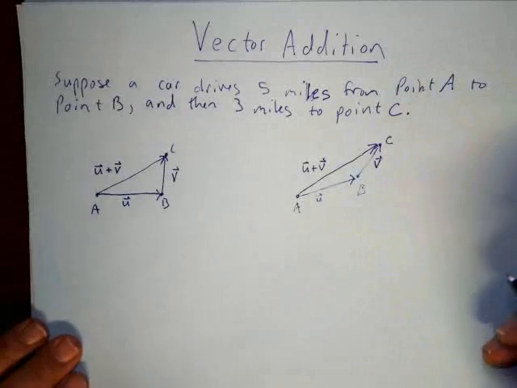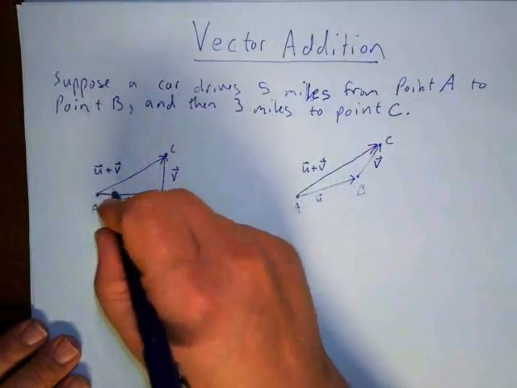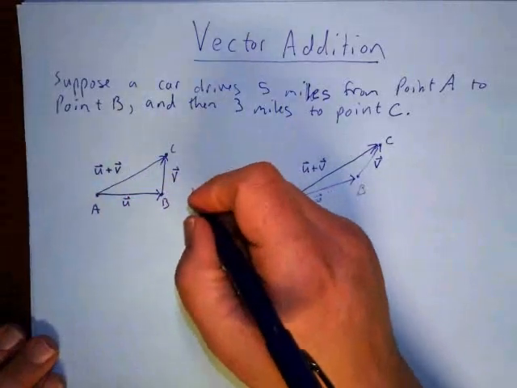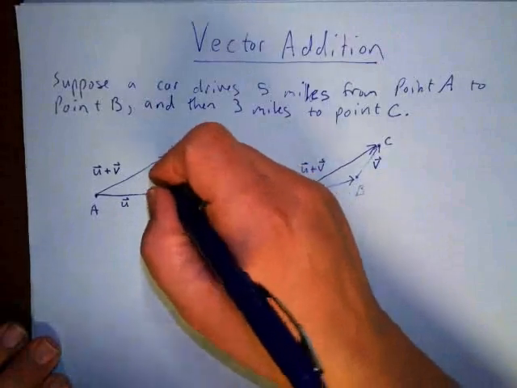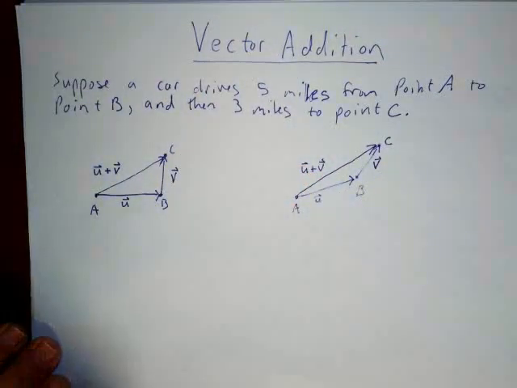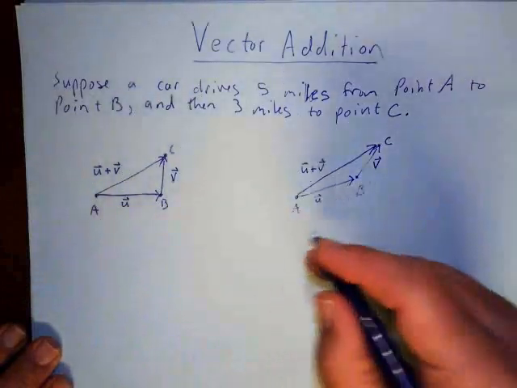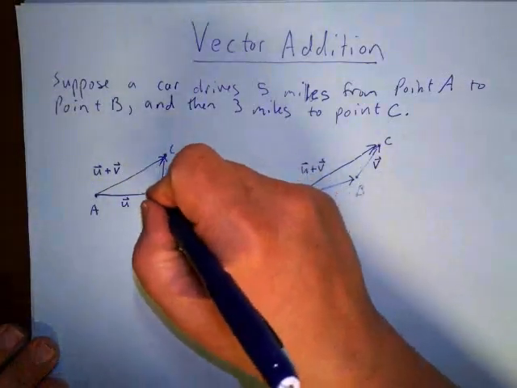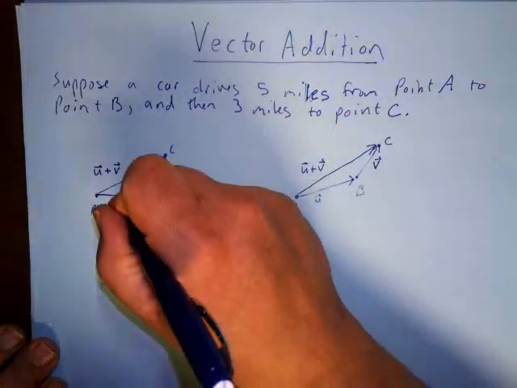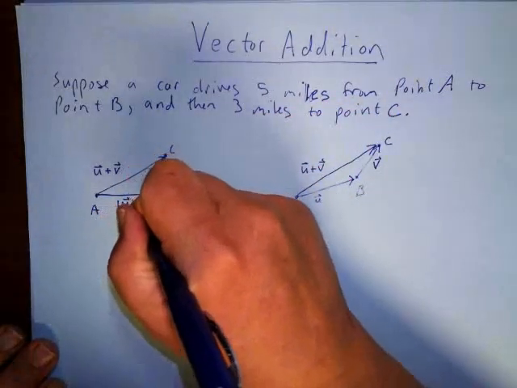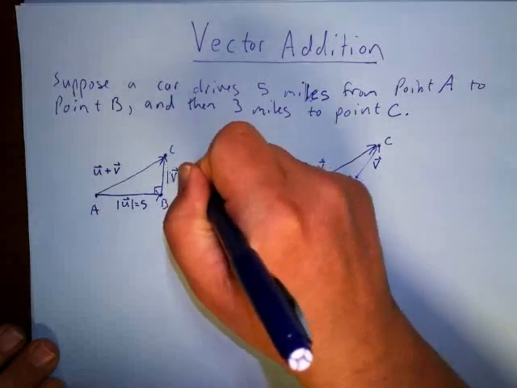So what we do here, we can do in general over here. Now, let's see if we can find vector A to C. Let's see if we can find the magnitude and the direction. The way to do this is like a right triangle. I can put the magnitude of U is 5, and the magnitude of V is 3.